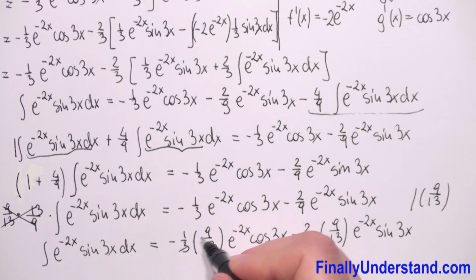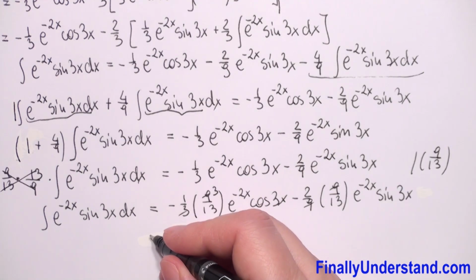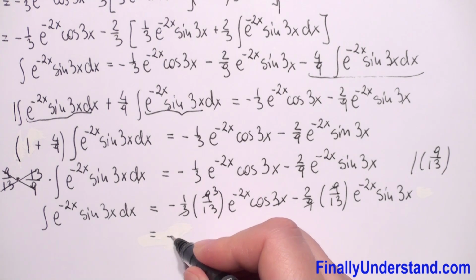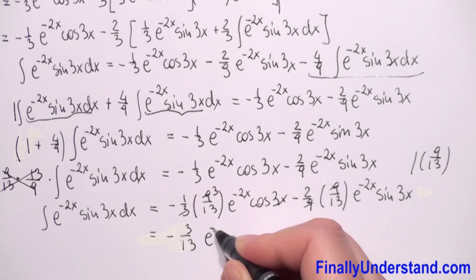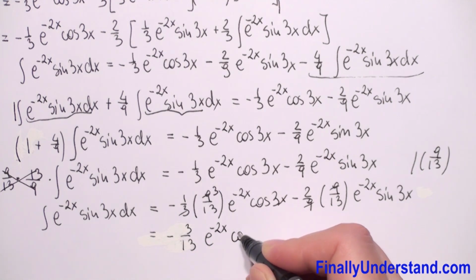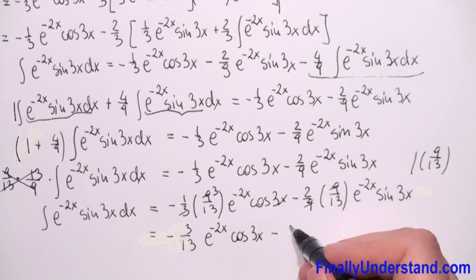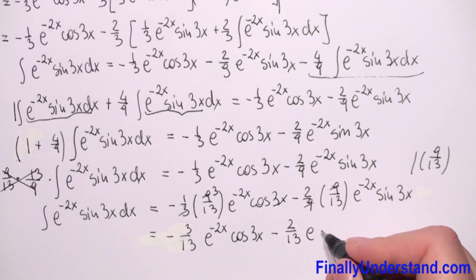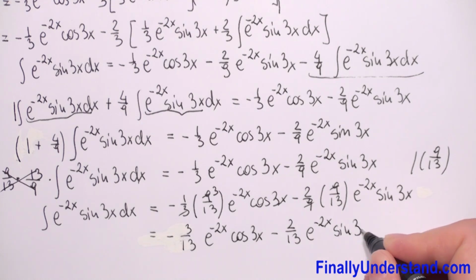Next, we can reduce 3 and 9 will be 3, 9 with 9. So this is equal to: negative times positive will be negative 3/13 e to the power negative 2x cosine 3x minus 2/13 e to the power negative 2x sine of 3x.